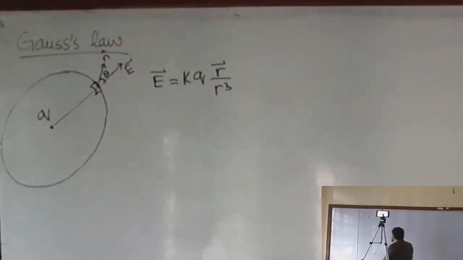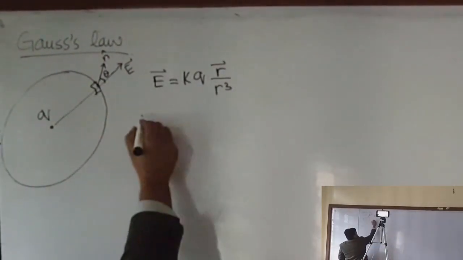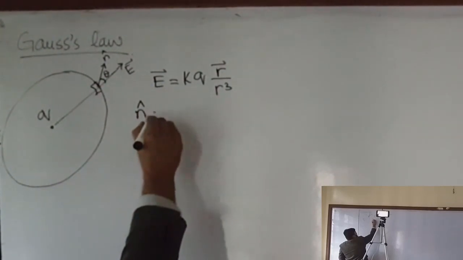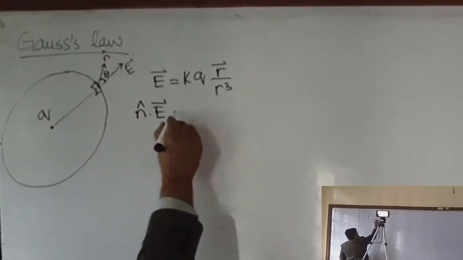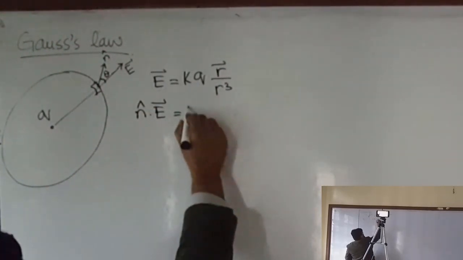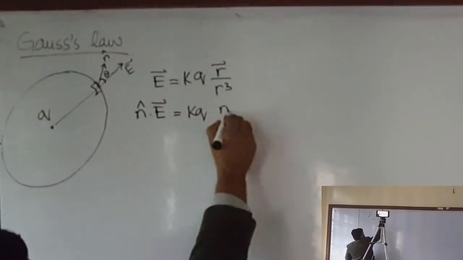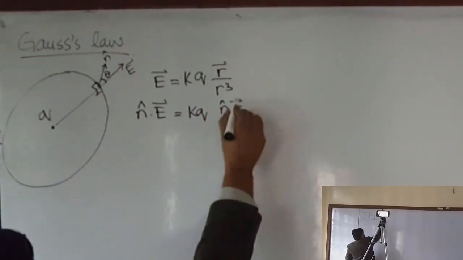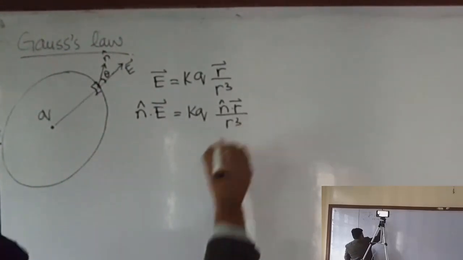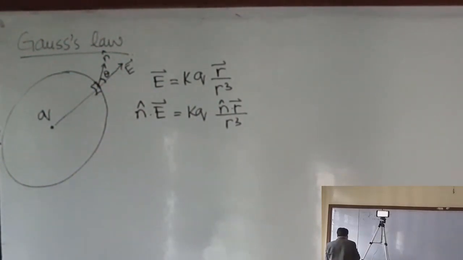If I multiply with the area unit vector, n dot E, then this will be K Q n dot R by R cube.